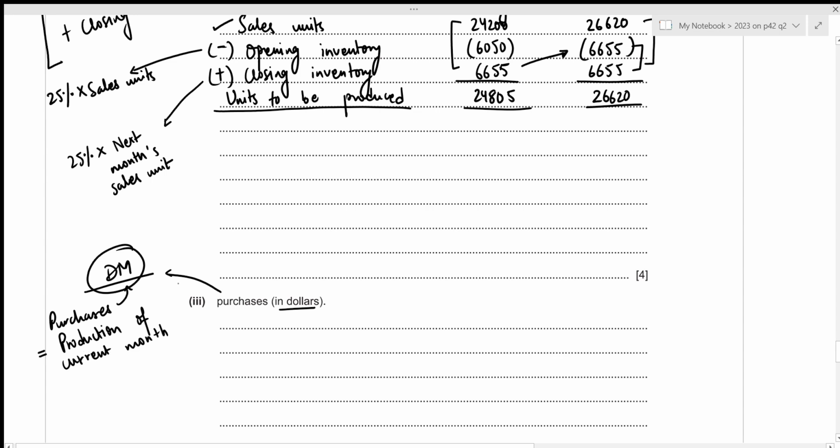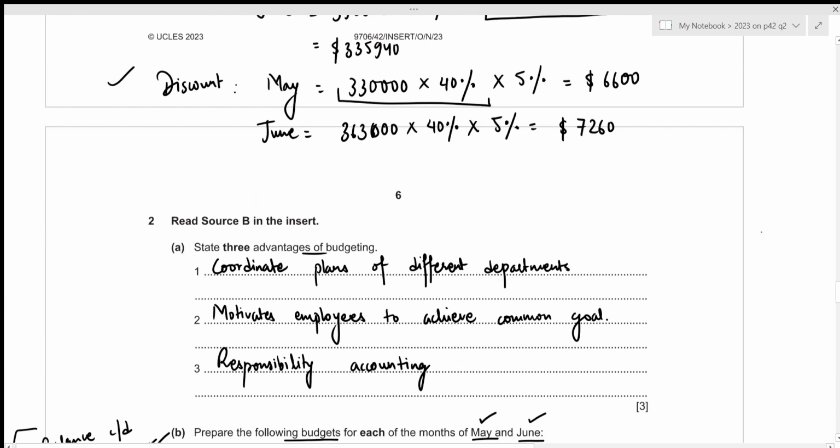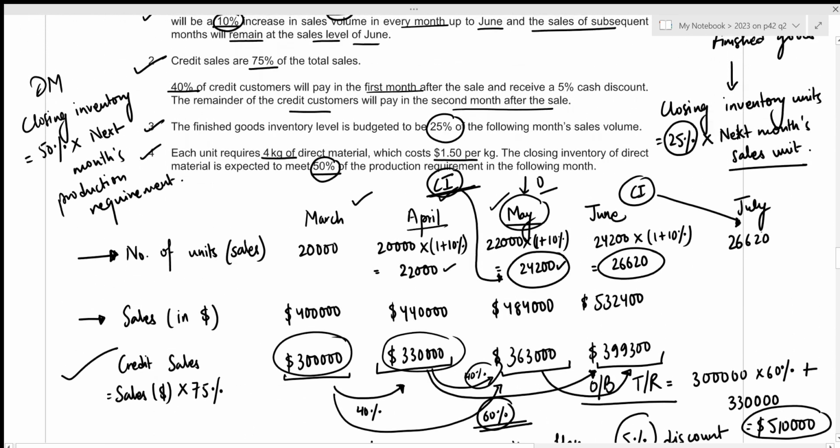And in order to calculate the production of current month, we just start with our units to be produced, multiplied by the direct materials required per unit, and multiplied by the direct material rate per kilo. So in this case as well, we are given the criteria for this.